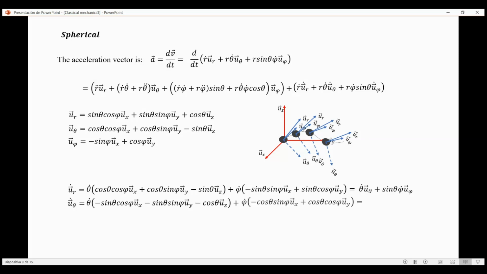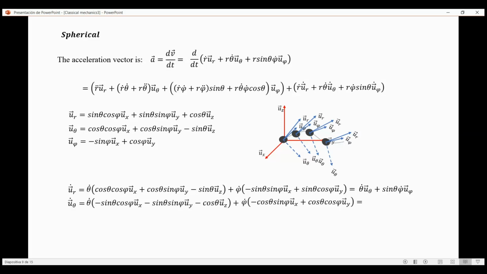And now we derivate with phi multiplied by phi dot. So phi dot multiplying minus cosine of theta sine of phi ux plus cosine of theta cosine of phi uy. And this thing here doesn't depend on phi.